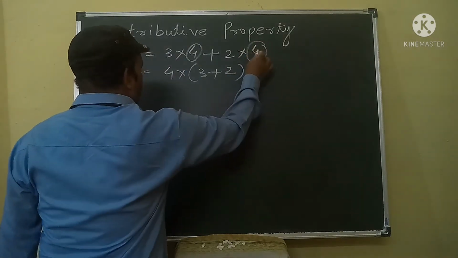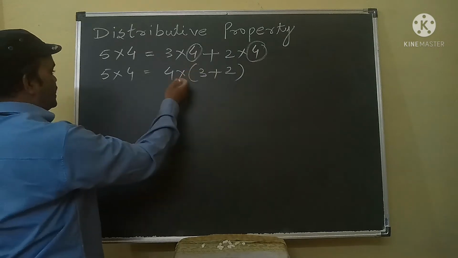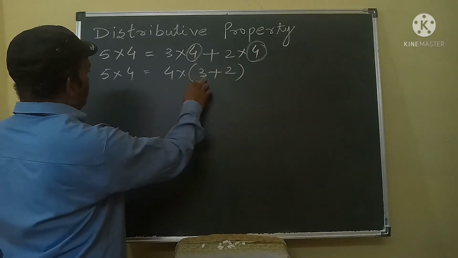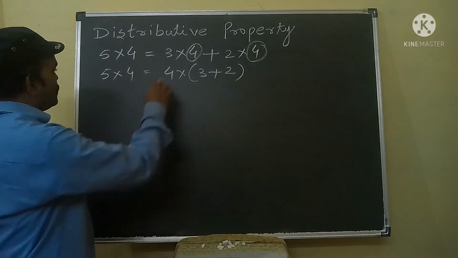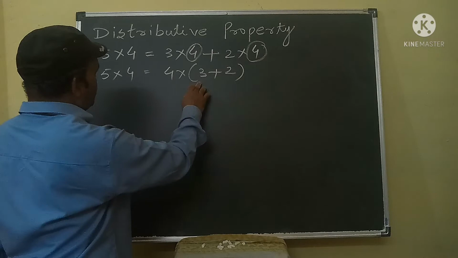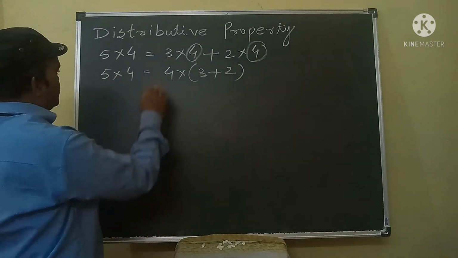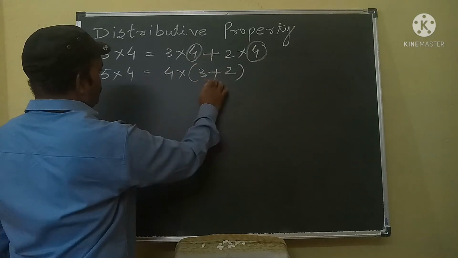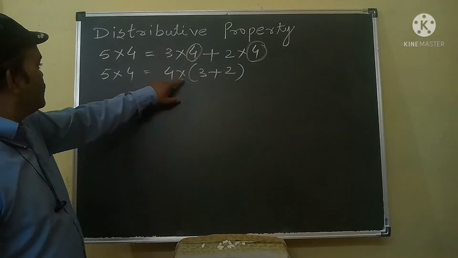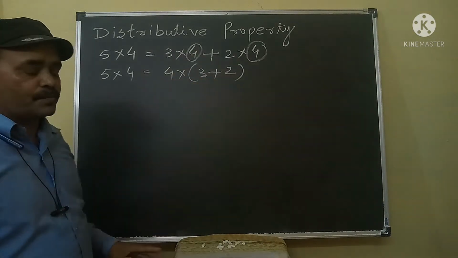Then which remains? 4 is the common, and in bracket we can write here 3 plus 2. 4 into 3 plus 2.